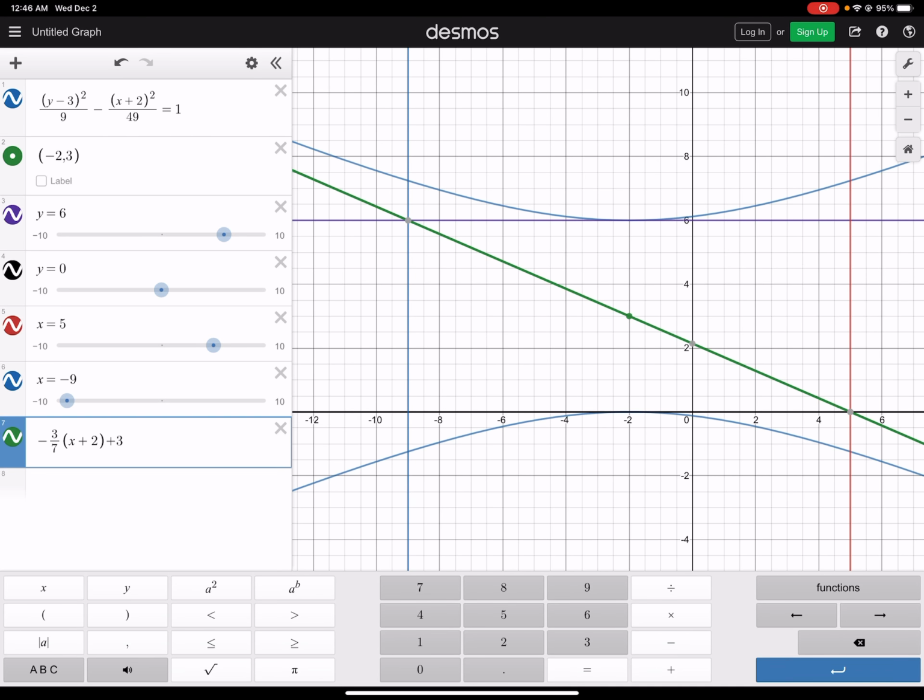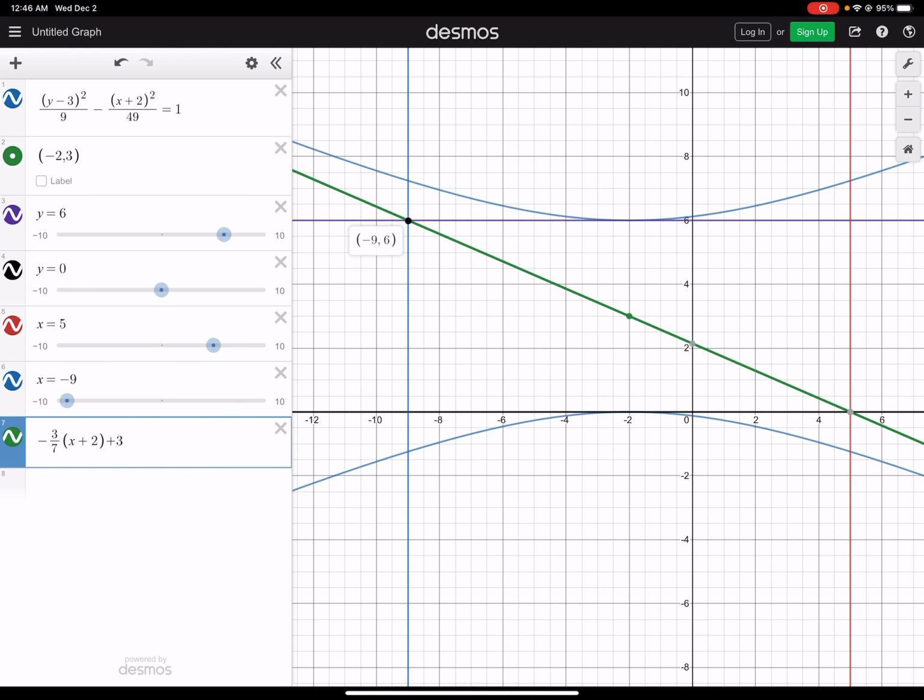If you look now, that goes through that point on that corner. It goes through that center of the box right there. And it goes through that corner of that box right there.